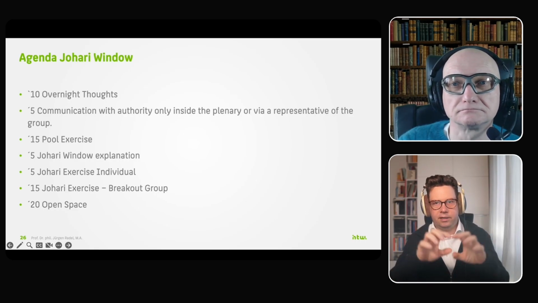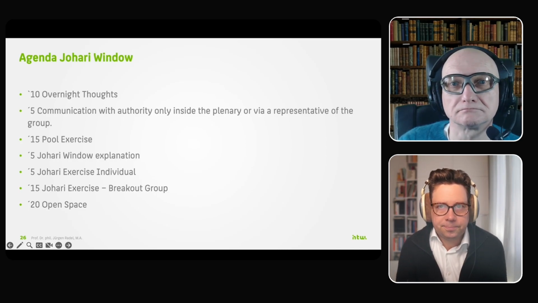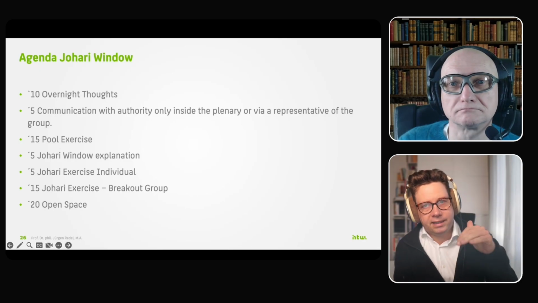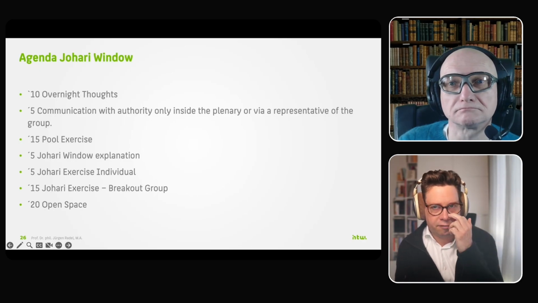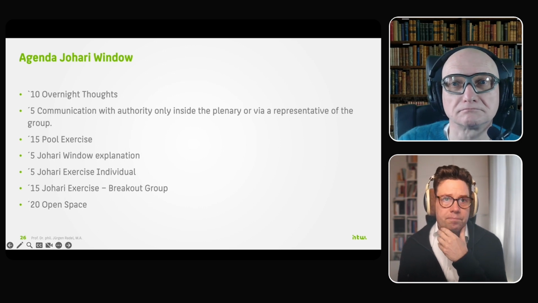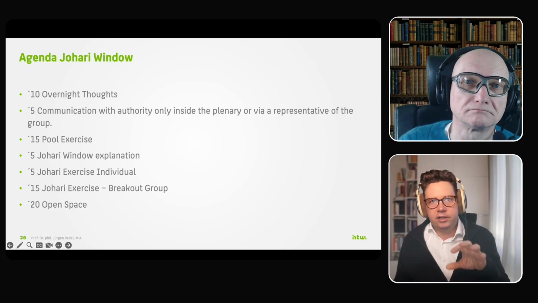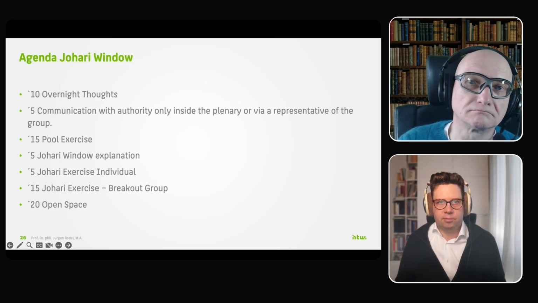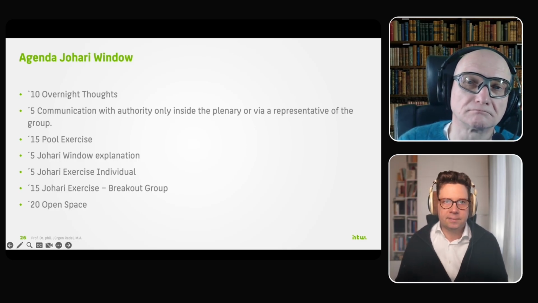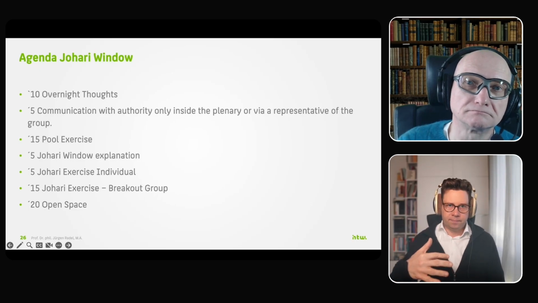So, a tiny little thing. I never thought that we would discuss so much about it, but it can be quite a great starting point. So whether it might come up or not, we will have it in for 5 minutes, probably a bit longer. And then we will go into something that is called a pool exercise. We will show you the pool exercise later on. We do this on Miro, but you can use a similar tool, for 15 minutes. Then we are getting into the Johari window explanation.